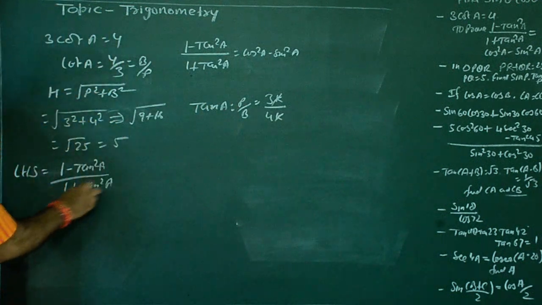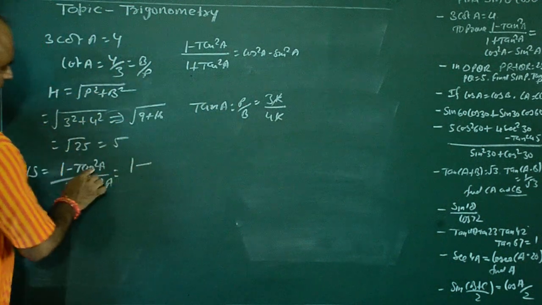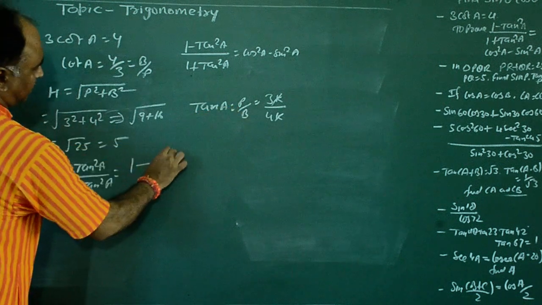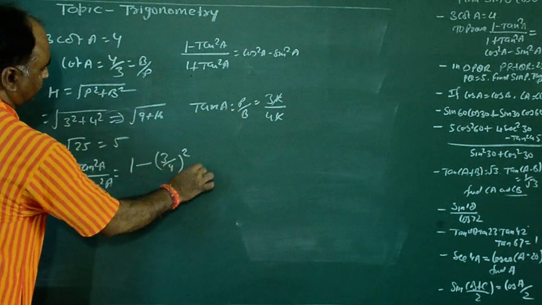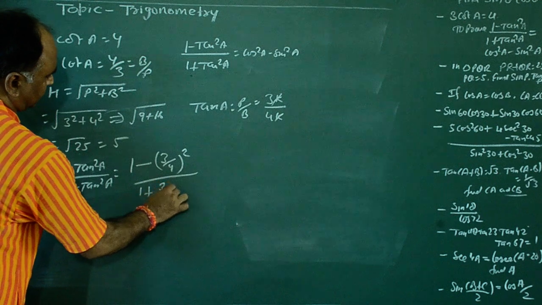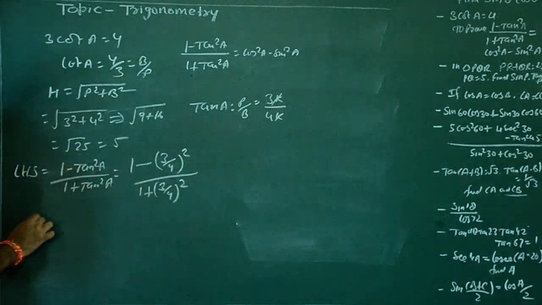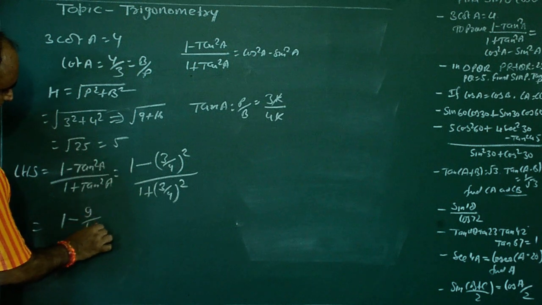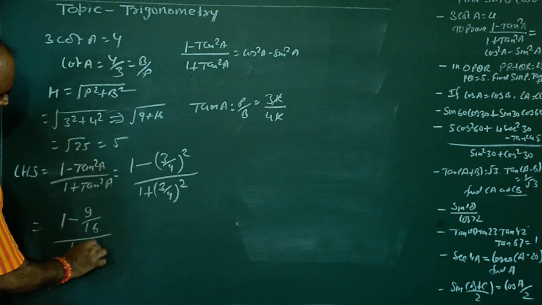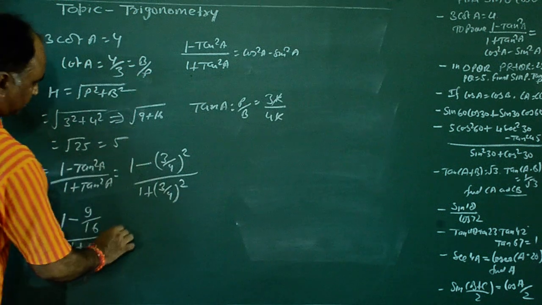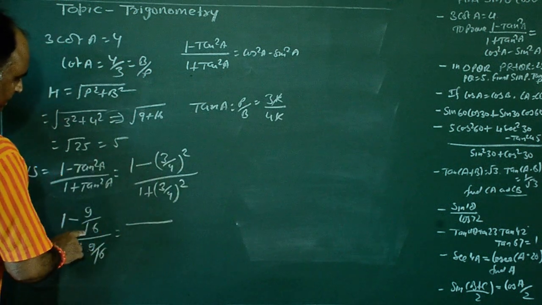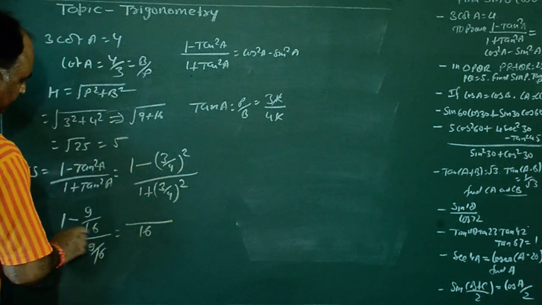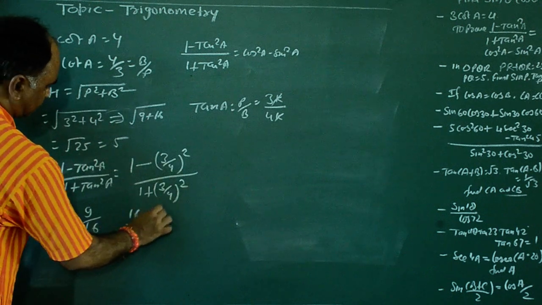So put the value for tan a, 1 minus tan square a, that is 3 upon 4 square, then 1 plus 3 upon 4 square. Okay, now 1 minus square of this number, you have got 9 upon 16, then 1 plus 9 upon 16. Any doubt? Then take LCM here, you have got 16, then 16 minus 9.